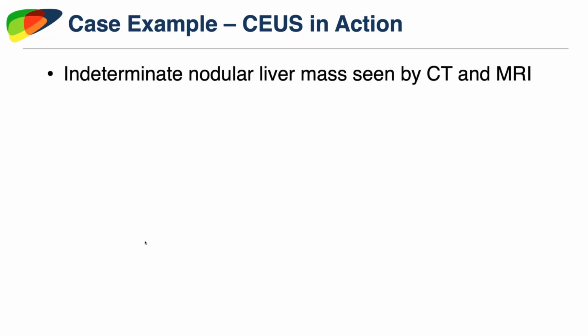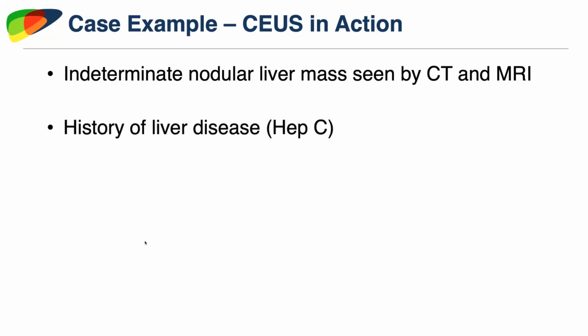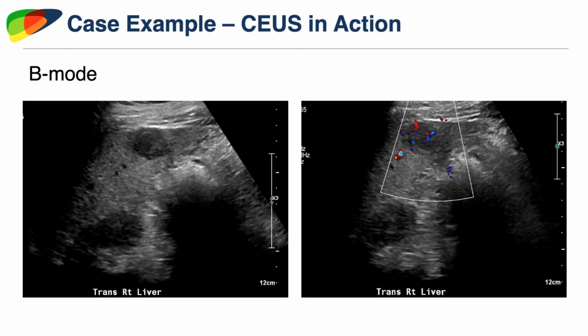So this was one of the first cases that we actually did at UC Southwestern. I was actually asked to biopsy this patient. It was a patient who had an indeterminate nodule seen on CT and MRI with a history of hepatitis C. On our B-mode image, we have a hyperechoic nodule in the inferior right lobe with internal blood flow.